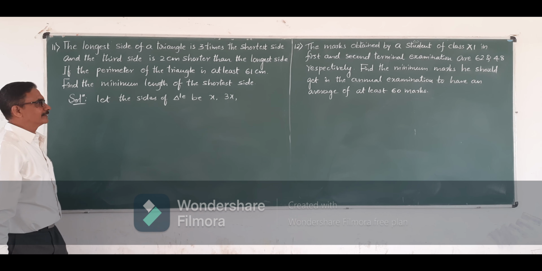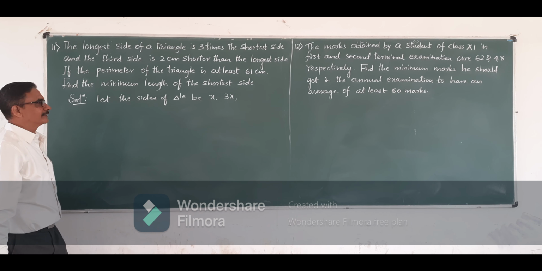And the third side is 2 centimeters shorter than the longest side. Longest side is 3x, so the third side is 3x minus 2. Got it? Okay. We got 3 sides: shortest side x, longest side 3x, and another side 3x minus 2.